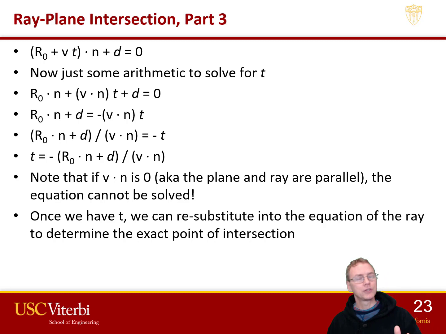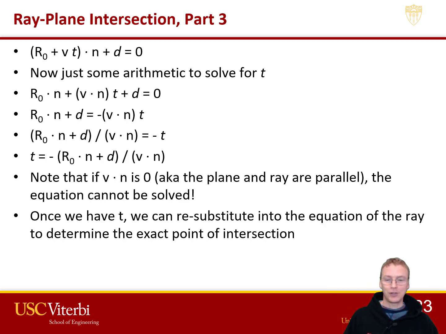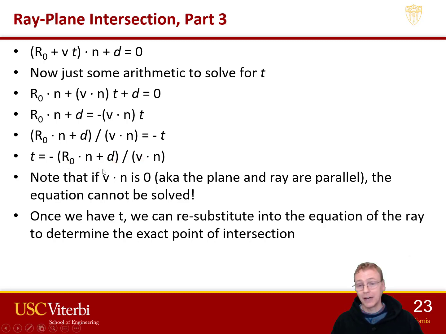Why would there be no solution? That's because v dot n equals 0 means the ray and the plane are parallel. So that's a good way of reminding yourself of that. So when you actually program this, do the v dot n first. If it is non-zero, then calculate the rest of it. Don't bother calculating this part if the denominator is going to be 0.